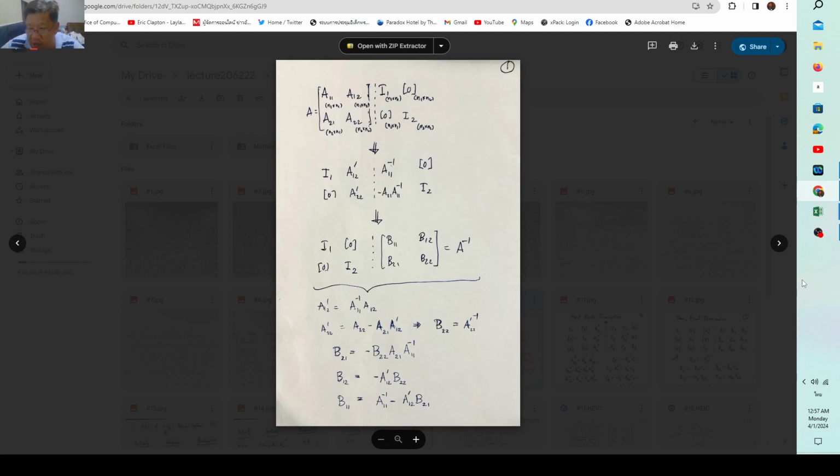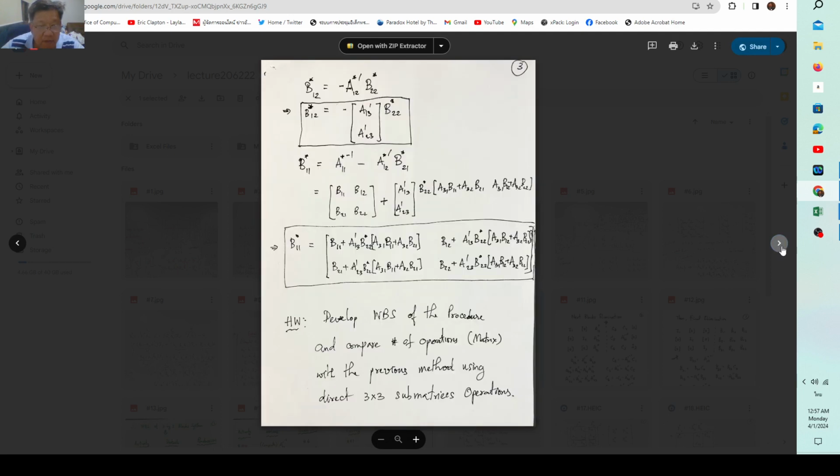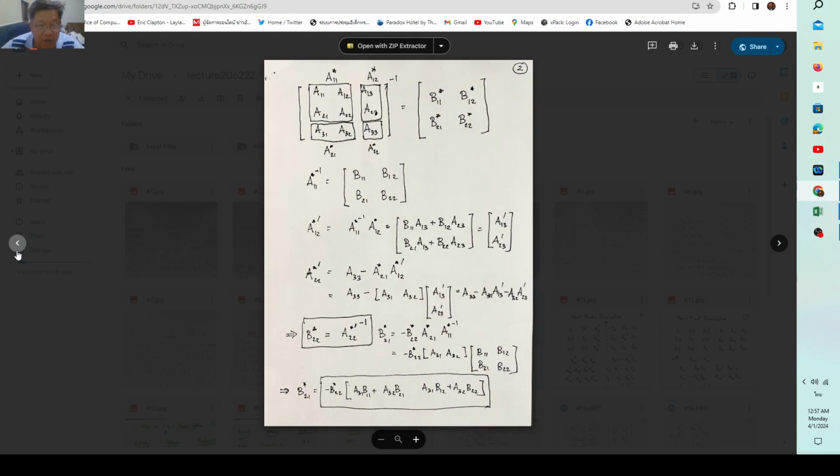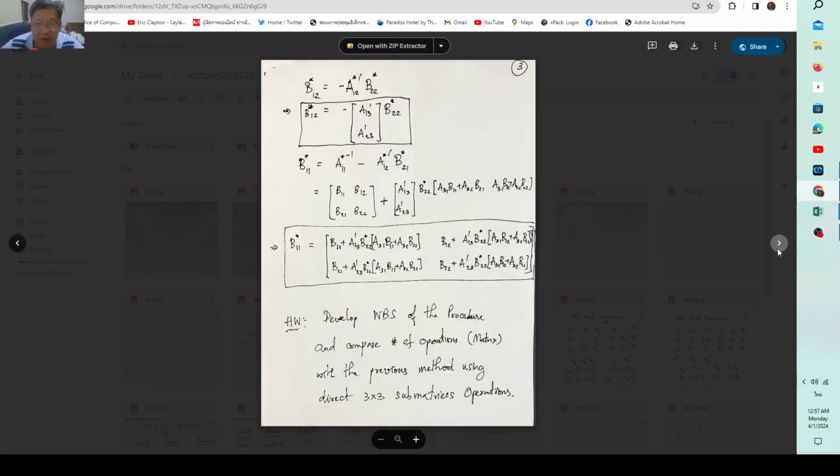So you get minus A12 prime, because A12 prime we already found here, we already identified this as A13 prime and A23 prime. So you get A13 prime, A23 prime, and multiply by B22 star.